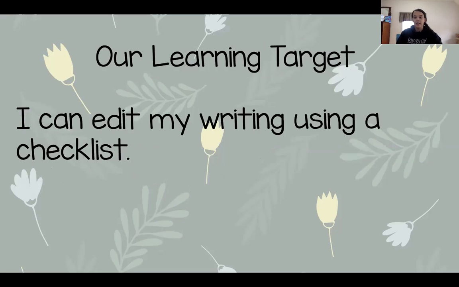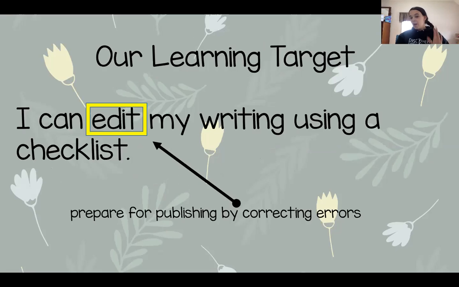Here's our learning target. I'm going to say it, and then you say it, repeat after me. Okay, I can edit my writing using a checklist. Good, so what does that word edit mean? It means to prepare for publishing by correcting errors.